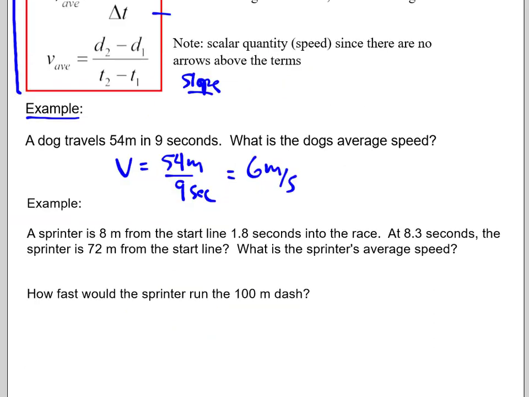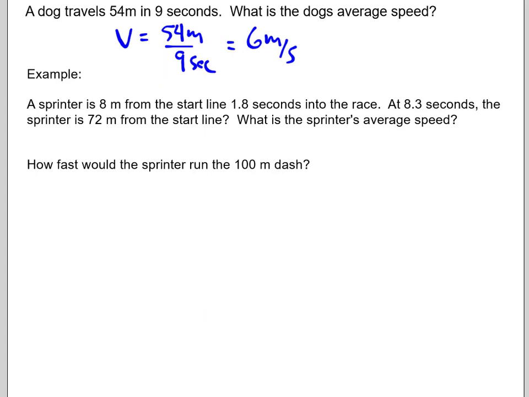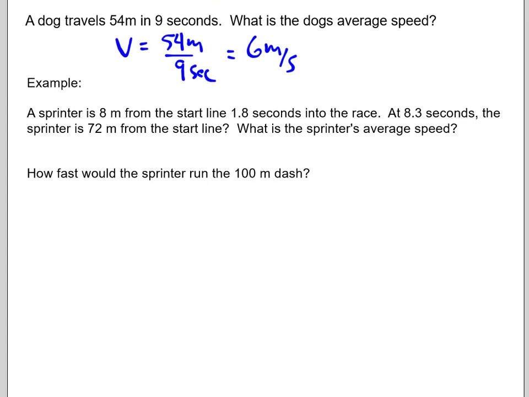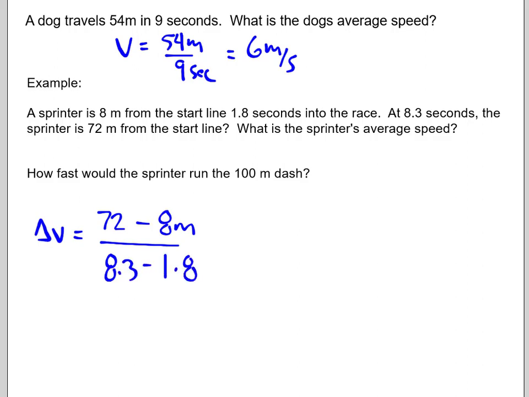Okay, so let's take a look down here. We have a sprinter. Our sprinter is 8 meters from the start line 1.8 seconds into the race. At 8.3 seconds, the sprinter is 72 meters from the start line. What is the sprinter's average speed? So if we look at this, we need to see the change in the distance traveled. So we have 72 meters minus 8 meters. And we have this occurred at 8.3 seconds, and this occurred at 1.8 seconds.